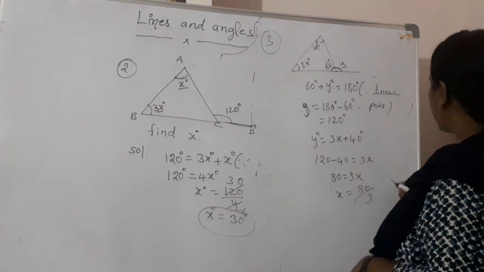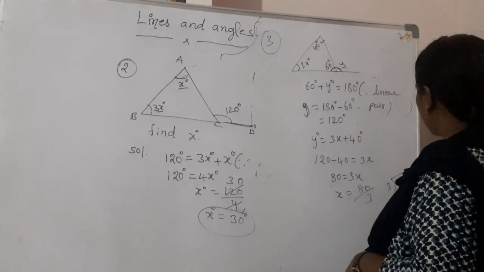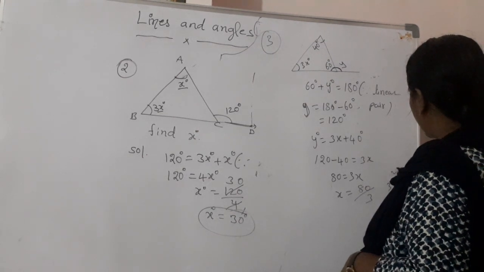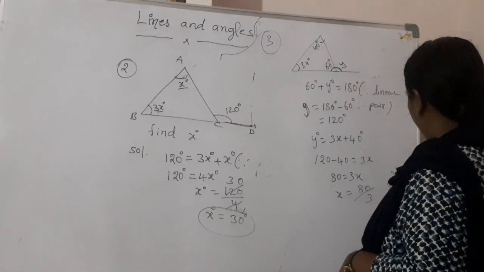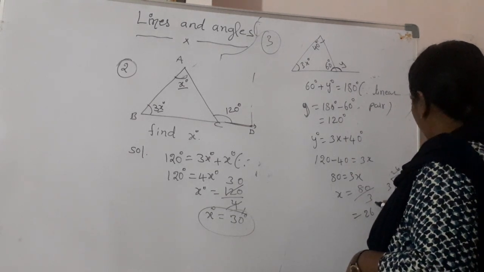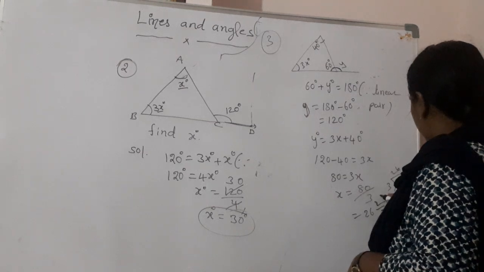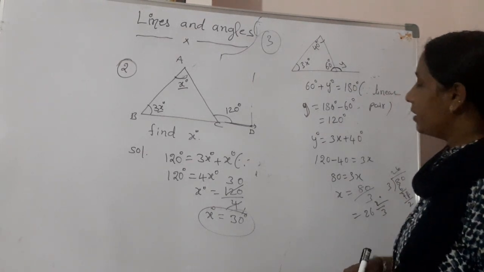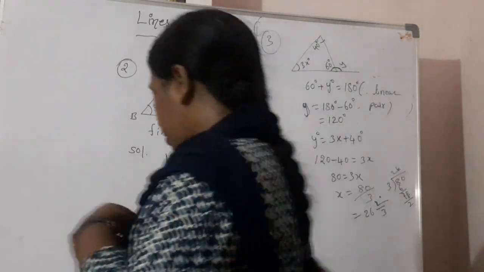Otherwise keep it as a mixed fraction. 3 twos are 6, 8 minus 6 is 2, 3 sixes are 18, 20 minus 18 is 2. So the mixed fraction is 26 whole 2 by 3 degrees. So this is one model. Next.